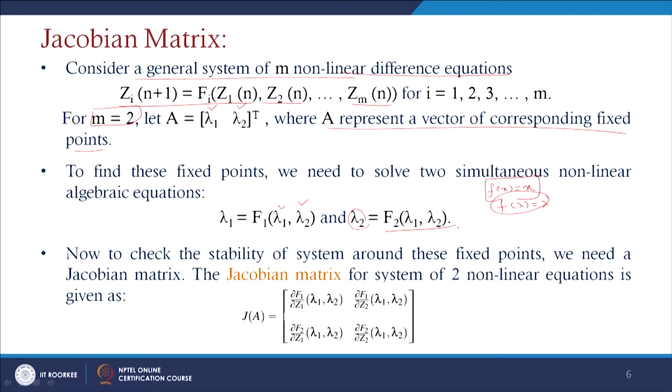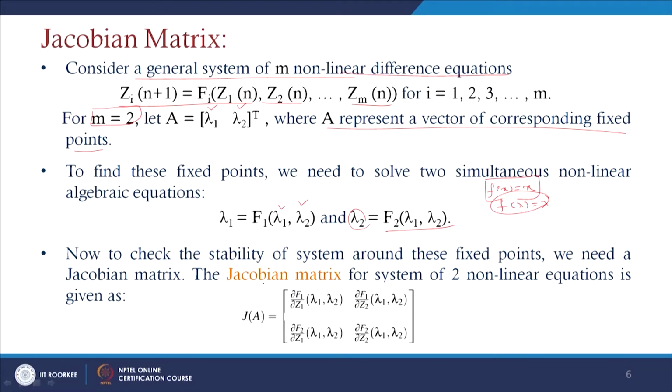To check the stability of the system around these points, we take a small perturbation and expand it to linearize using Taylor series expansion. So, we need a Jacobian matrix for this, and the Jacobian matrix of the system of two nonlinear equations can be written as the Jacobian of A, for the two sets of equations, with the vectors lambda 1, lambda 2.